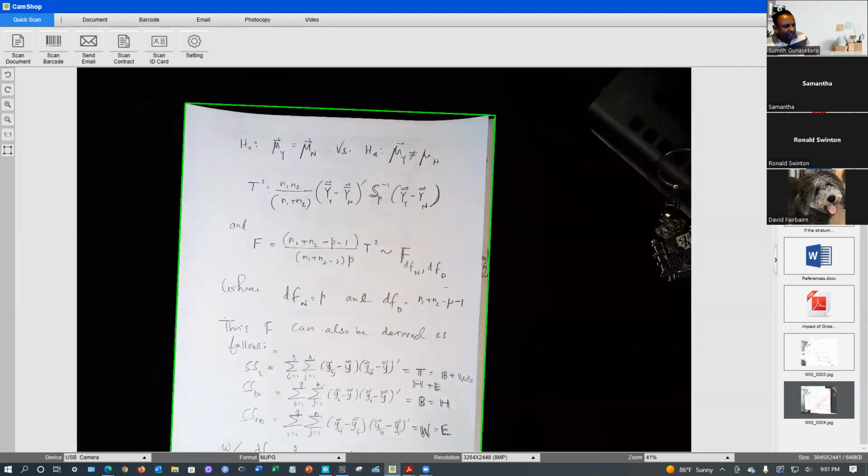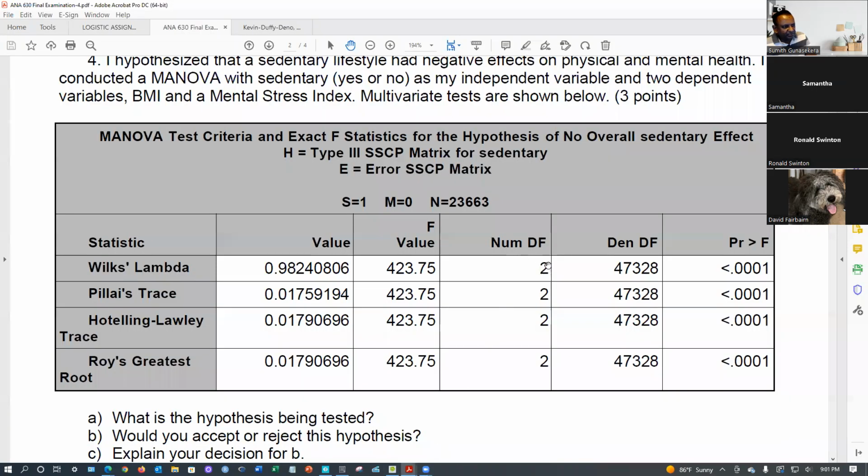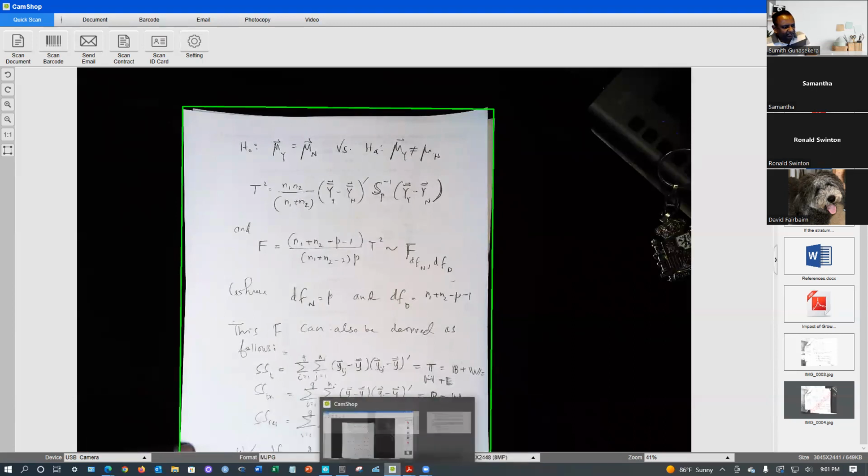What are the variables? BMI and MSI. Would that be 2? Yes. Then how about the other one? It is the total number of observations minus P minus 1. P is 2, minus 1. Then 3 has been taken out.